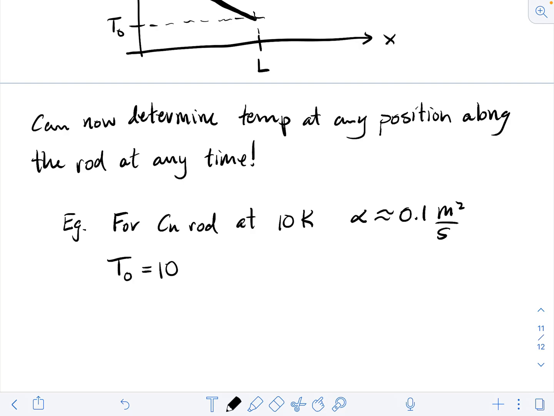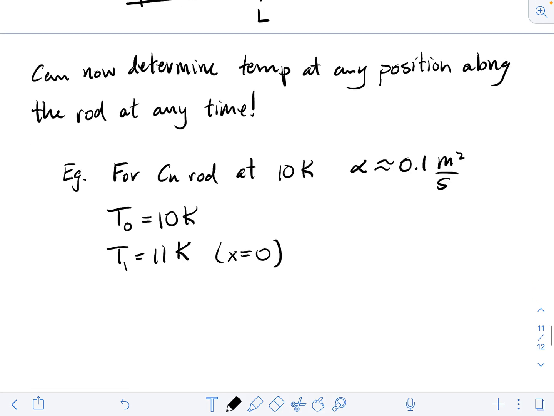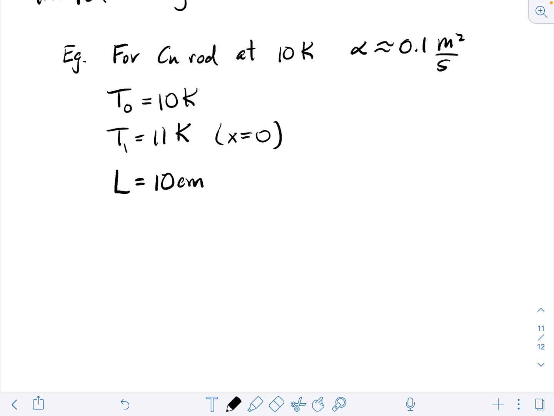So if initially the uniform temperature distribution was 10 Kelvin, and then at t equals 0, at the x equals 0 position, we step the temperature from 10 to 11, let's suppose, and let's say our copper rod is 10 centimeters long. So what I'm going to show you are some plots of this function, our solution that we calculated.